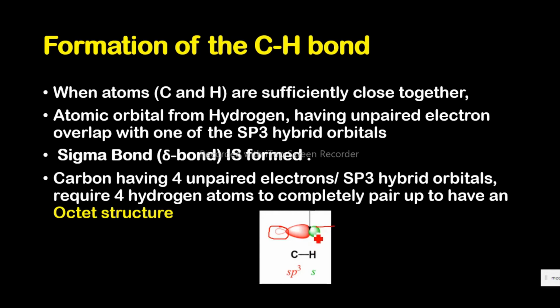And when this orbital approaches one of the sp3 hybrid orbitals, the two are going to undergo orbital overlap. When they overlap, they bring their electrons close together, so that the electrons end up pairing up. And so the result is a carbon-hydrogen bond.